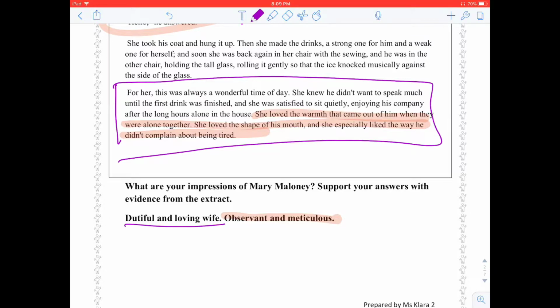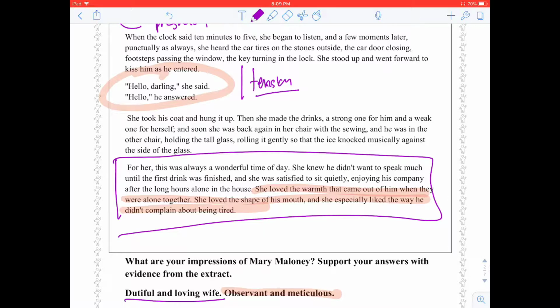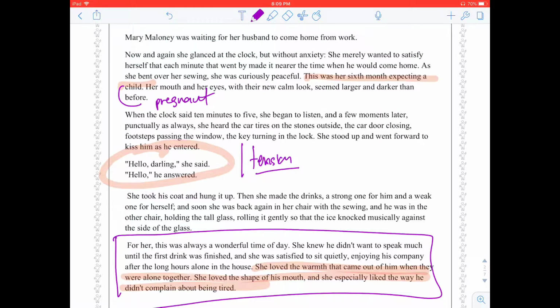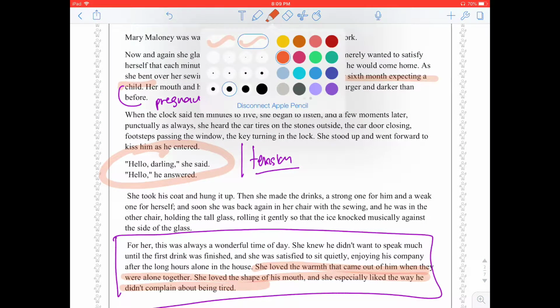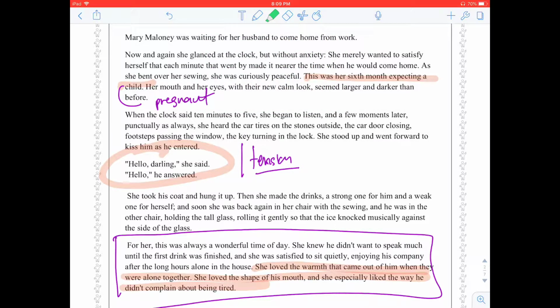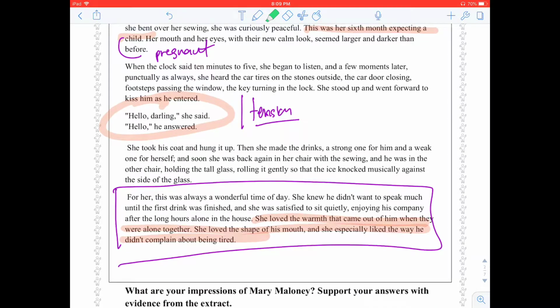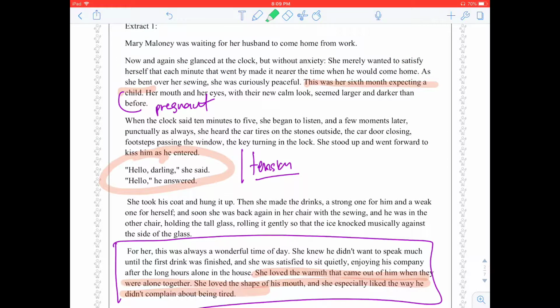Dutiful, loving wife. Evidence we can get from here is the fact that she's waiting for her husband to come home from work.